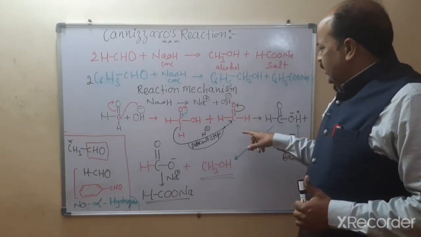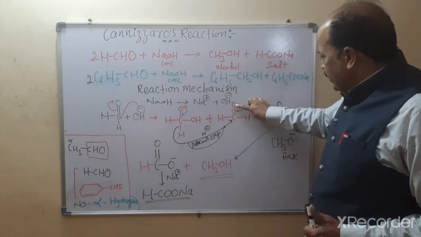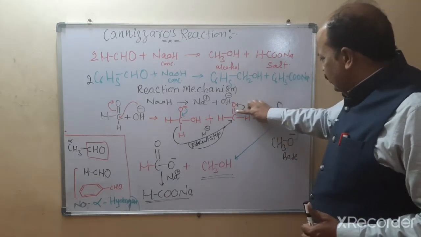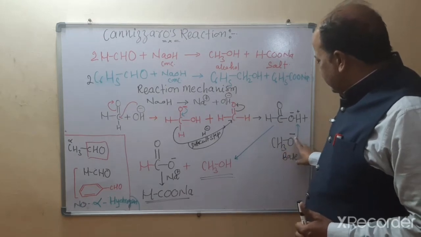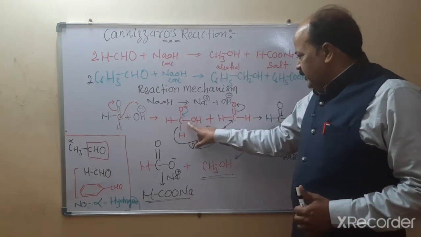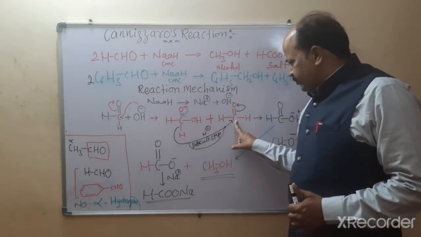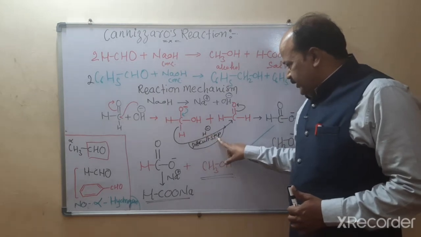Thereafter this becomes CH3, and because O gains the electron, it carries a minus sign. So this is a methoxide anion and this is formic acid, and during the reaction between this and this, the transfer of the hydride is a very difficult step.